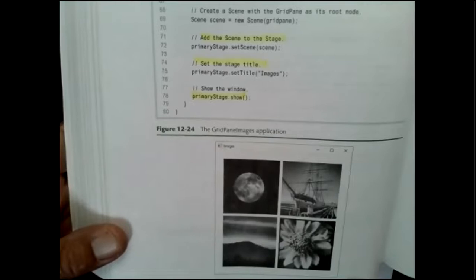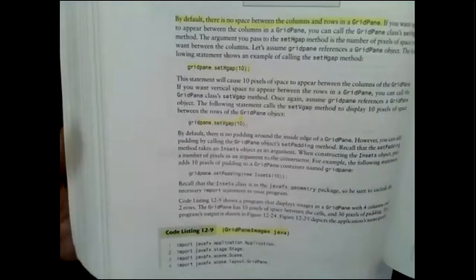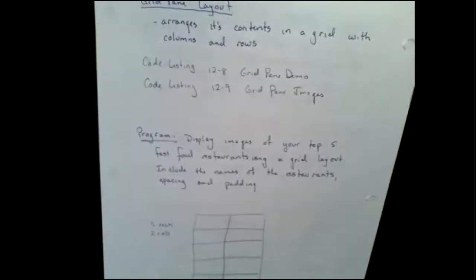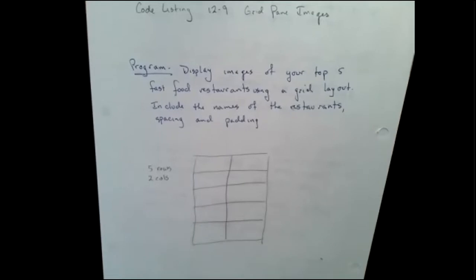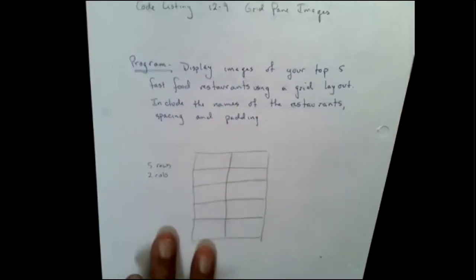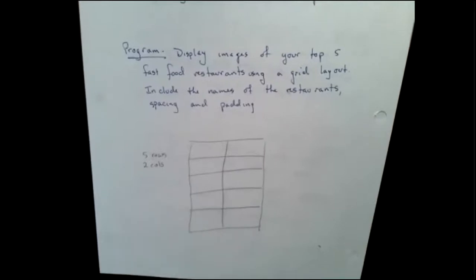So with this next thing I want you to do, I would have my book available on page 788 with code listing 12.9. And what I want you to do in your group is to write a program. The program is going to display the images of your top 5 fast food restaurants using grid layout.